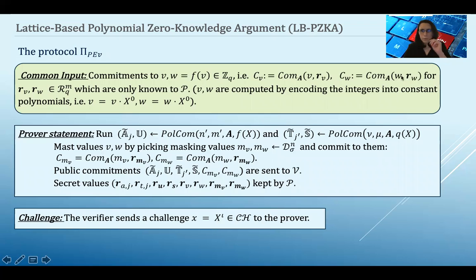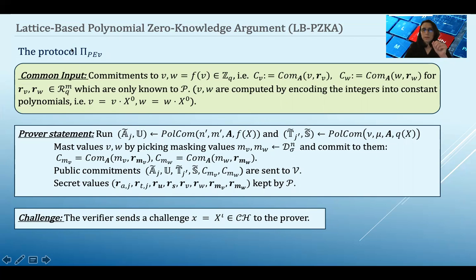Which are commitments to V and W using the corresponding randomnesses RV and RW. And so the first step in the protocol is performed by the prover, and the prover computes the following statement.